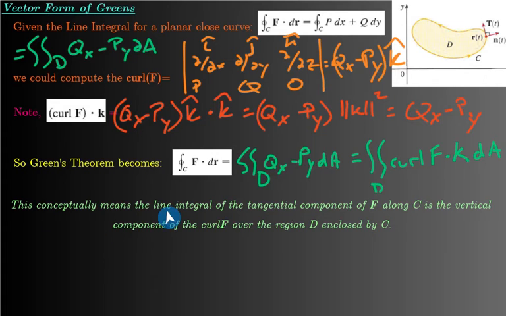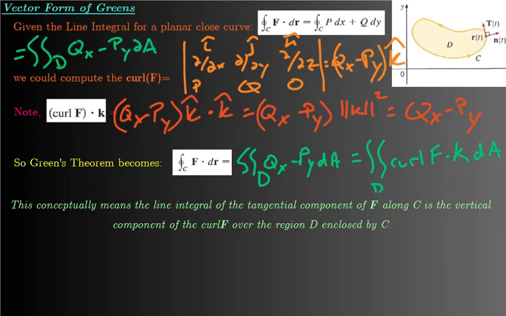And conceptually what this is saying is that the line integral of the tangential direction, so there's a unit tangent direction along C, is the same as the vertical component of the curl of f over the region D enclosed by C. So it relates this unit tangent with the vertical component of the curl of f, okay?